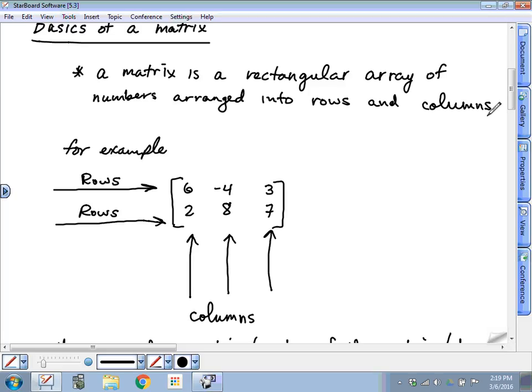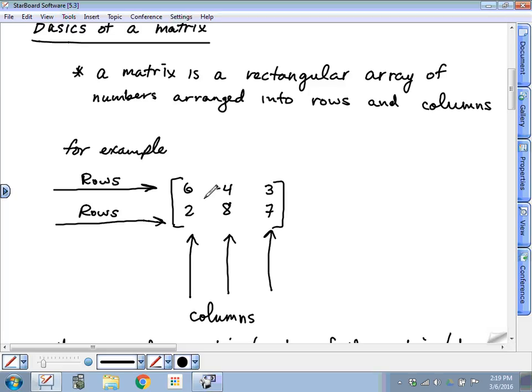The numbers are always grouped together using those brackets on the left and right side. As you can see, the 6, the -4, and the 3, that comprises a row, the top row. Second row would be 2, 8, and 7.